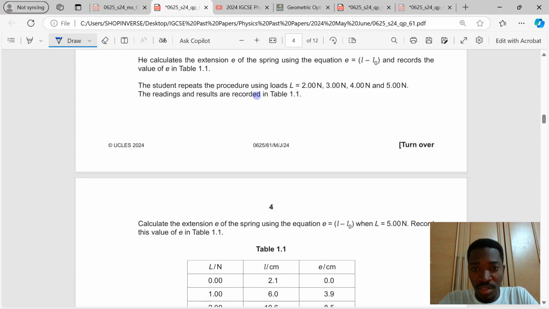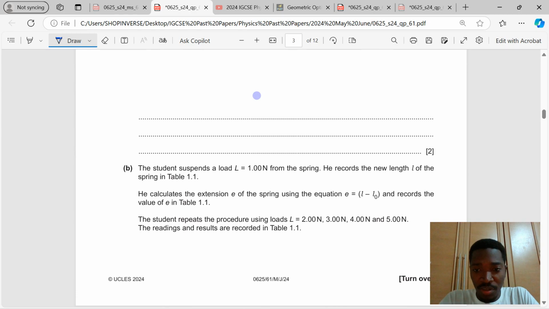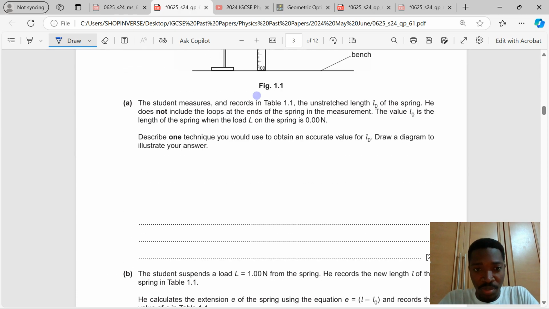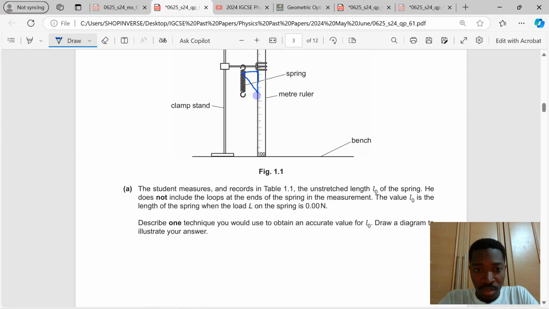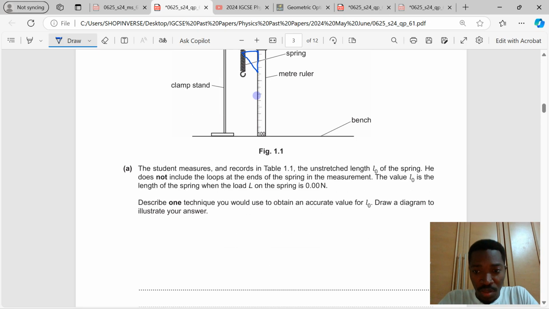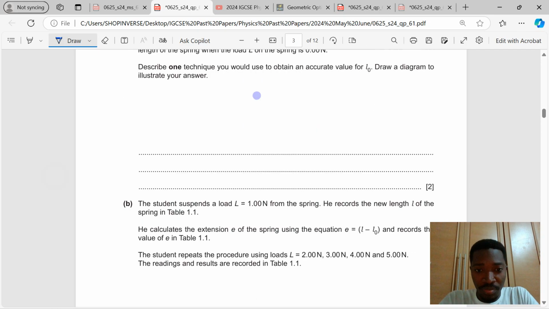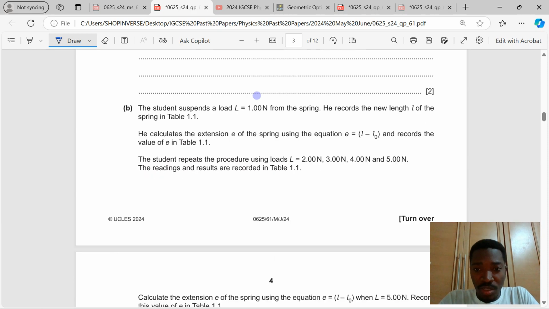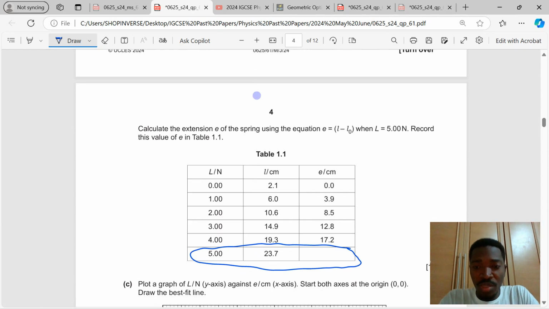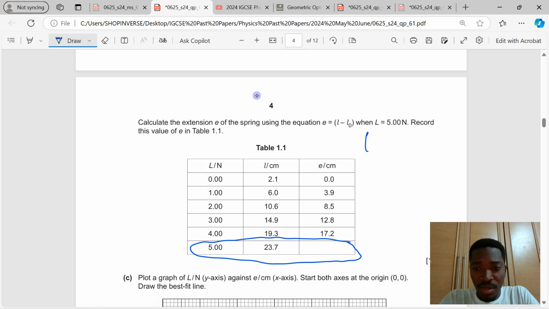What is the original length of the spring? We are looking for the original length L0 of the spring. The original length of the spring will be the length of the spring when the load equals 0 Newton. Since this L is 2.1 centimeters, that will be the L naught.